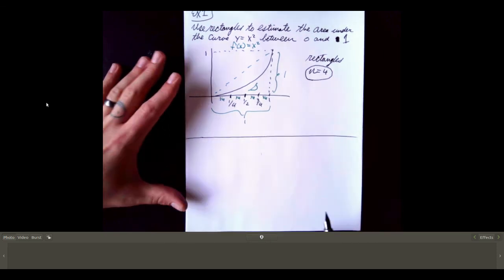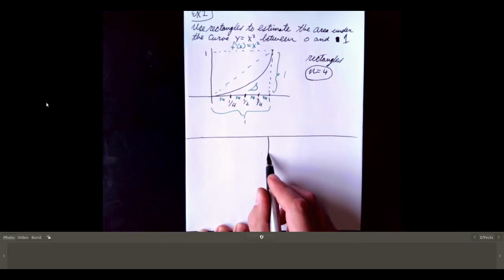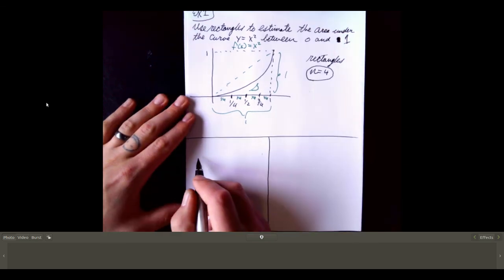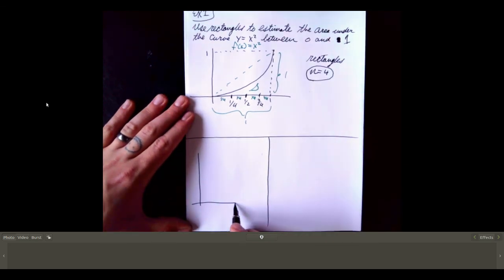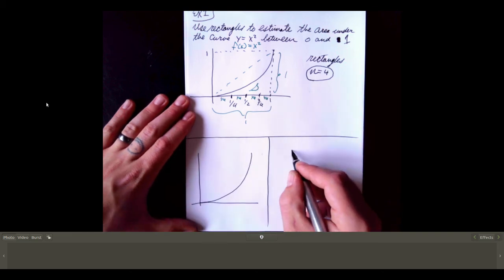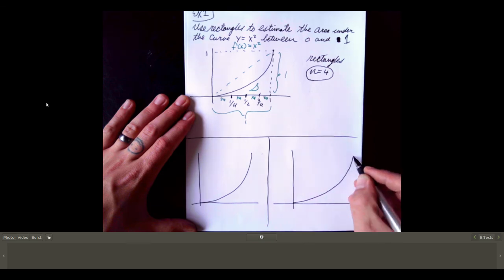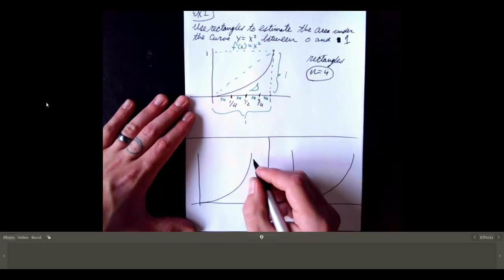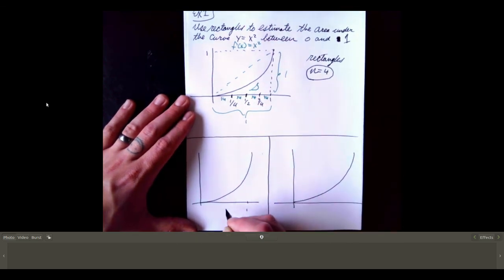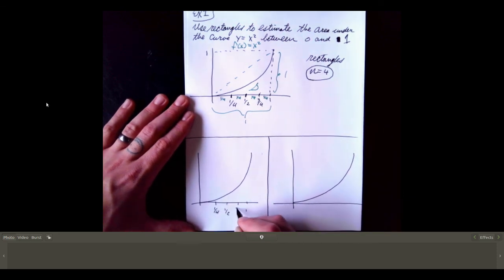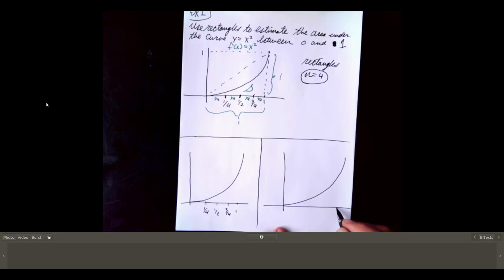And I'm going to draw 2 curves, and they're supposed to be the exact same. They're the same curve, y is equal to x squared. So here's 1, 1/2, 1/4, 3/4, 1, 1/2, 1/4, 3/4.